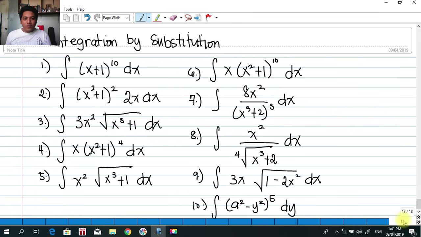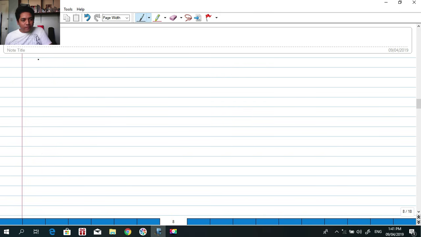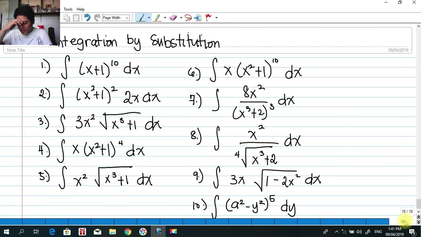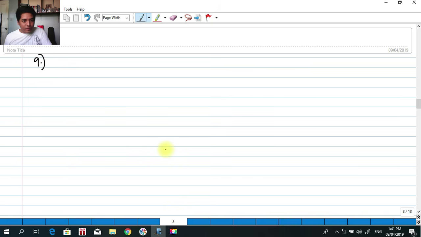Okay. Down to our number 9. So, for our number 9, again, what's our given? 3x. Okay? So, for number 9, we have the integral of 3x times the square root of 1 minus 2x squared dx.